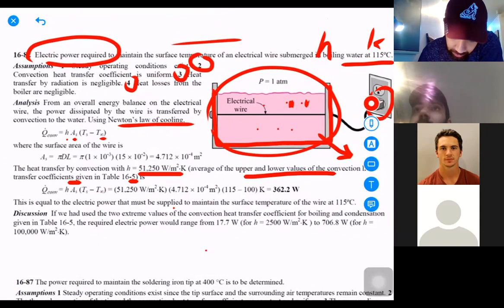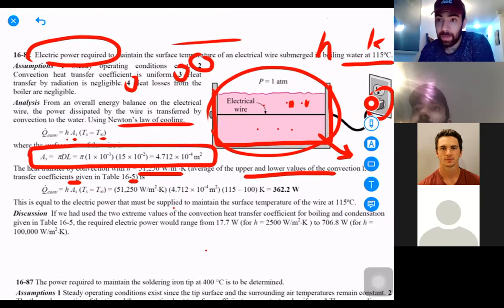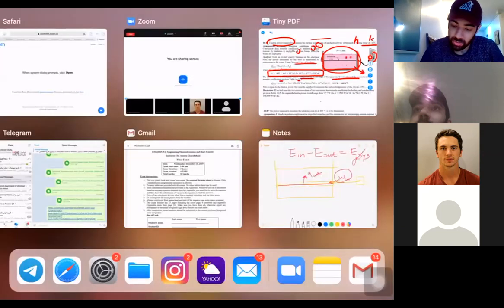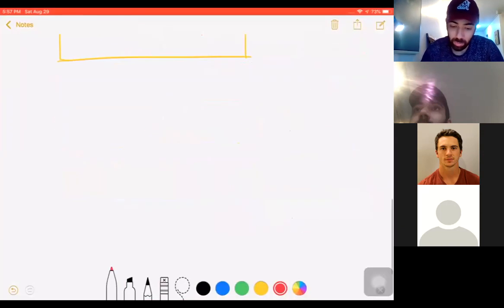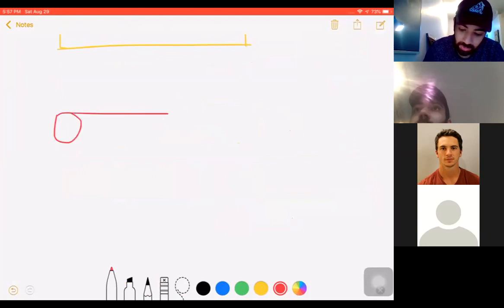And the area of the surface is being calculated based on the periphery of that wire. So wires are mostly in the shape of cylinders.